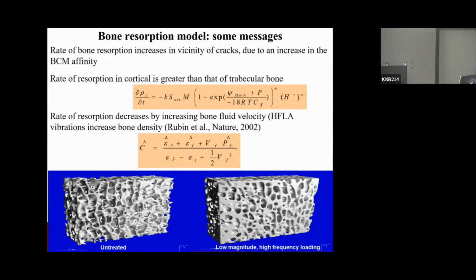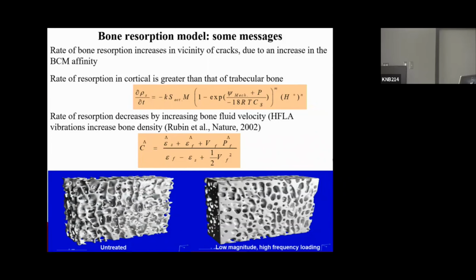There is a hypothesis that this osteocyte and those lining cells make a picture of the three-dimensional arrangement of bone in our body.